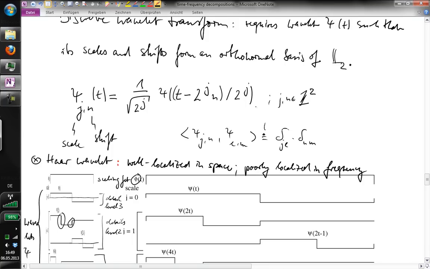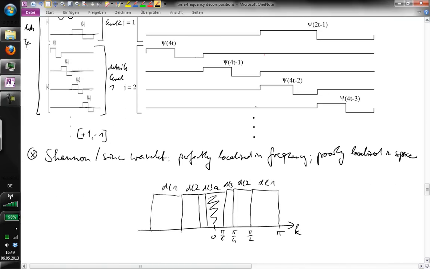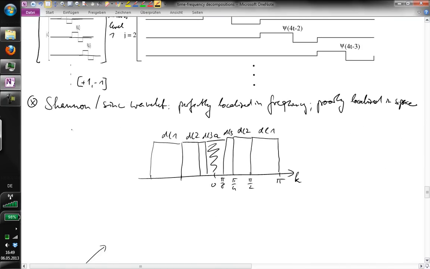Yes, there are hundreds of wavelets, or let's say dozens at least. So the Shannon or sinc wavelet, I've shown it here in terms of its transfer function. The filter that corresponds to the approximation is just a sinc.